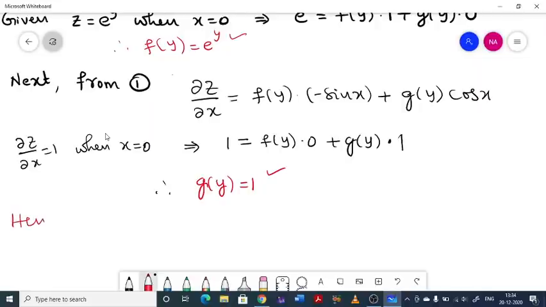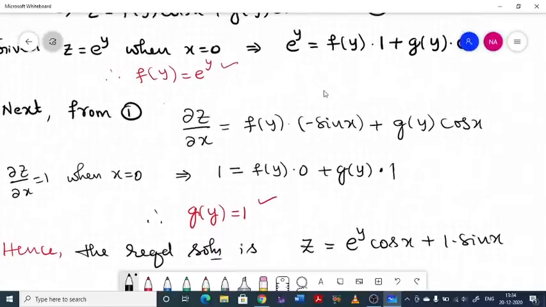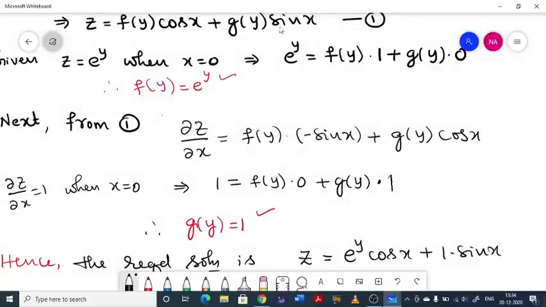Hence the required solution is z equal to e power y cos x plus 1 into sin x. Substituting for f of y and g of y in equation 1, I'll get z equal to e power y cos x plus sin x. This is the required solution.